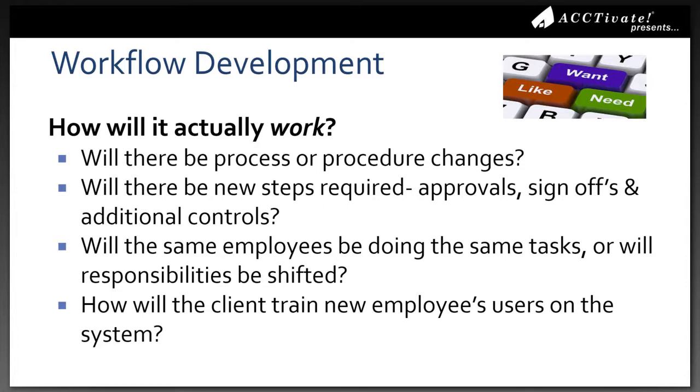So when you're going through this, there may be things that are going to change because the new system can eliminate steps in the process, or maybe there are things that are going to add new steps. For example, if you're implementing software that has an approval step where now somebody has to check a box or sign off and approve a transaction, whereas before there was no capability for that, that might be adding steps to the process.